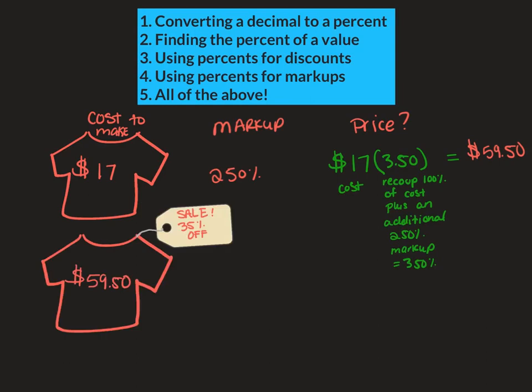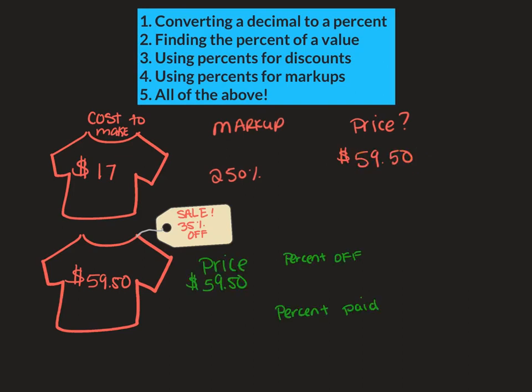Now, what if this store that's charging $59.50 for this shirt realizes they have too many and they're not selling fast enough, so they put them on sale for 35% off? What would be my purchase price for this shirt if I got it during the 35% off discount sale? That means I'm getting 35% off, which in decimal form is 0.35.